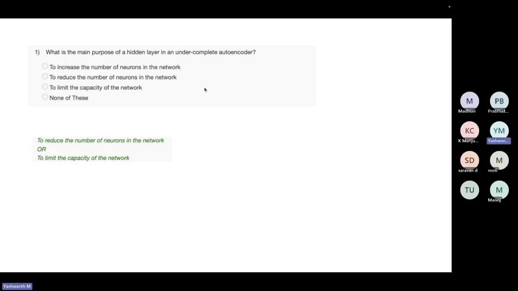So obviously, to reduce the number of neurons in the network, or to limit the capacity of the network.